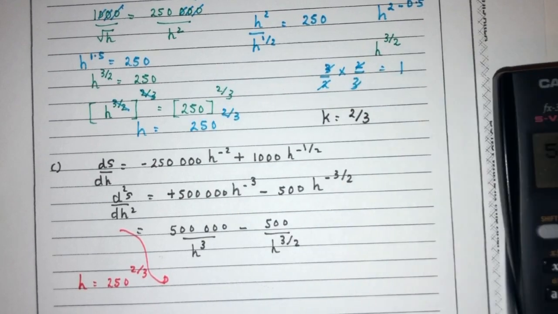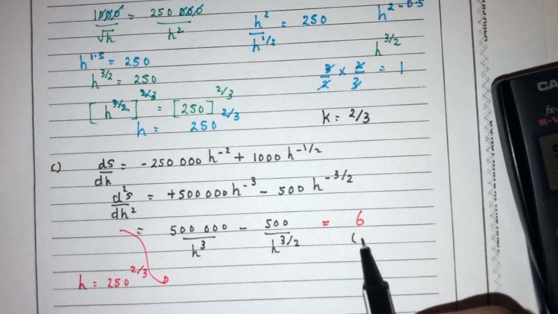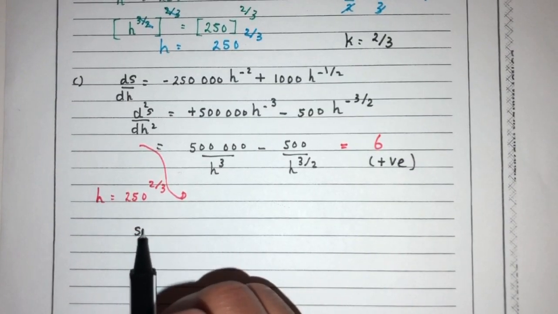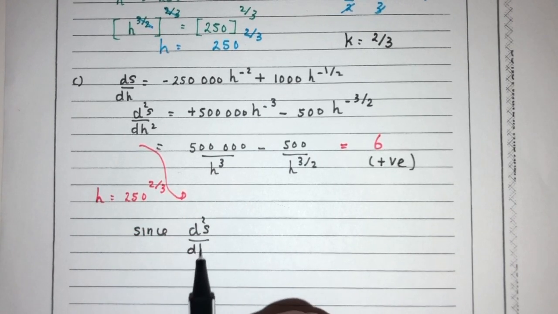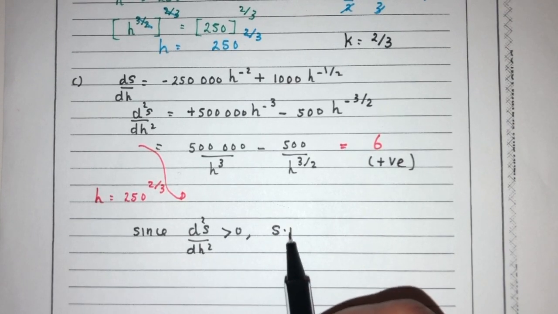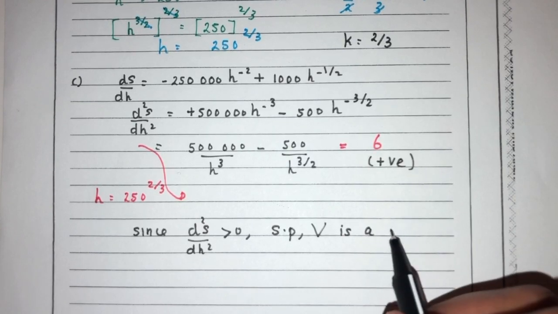That will give you a positive value of 6. Now, as you can see, since it gives you a positive value, we can write down since d2s by dh2 is more than 0, we confirm that the stationary point or the stationary value is a minimum value.